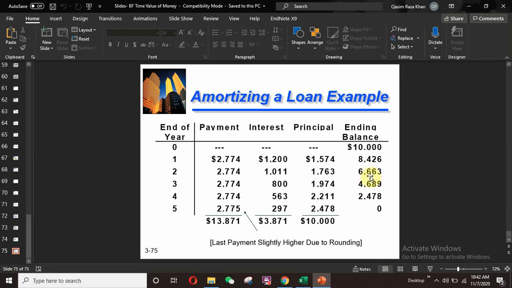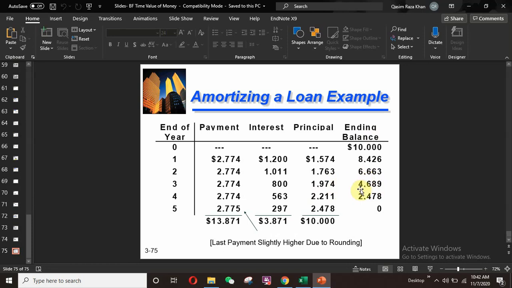And again in the third year I will repay the 2774 annual payment. From this, 800 will be allocated to my interest payment, and the remaining amount after 2774 is 1974, which will be allocated to the principal.